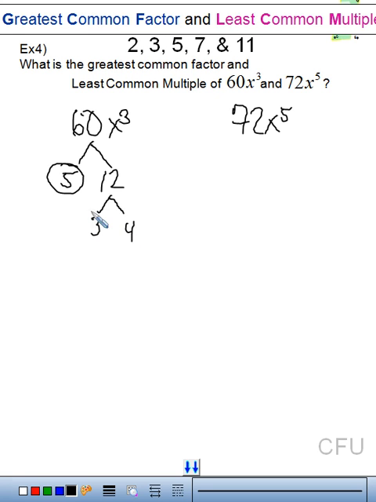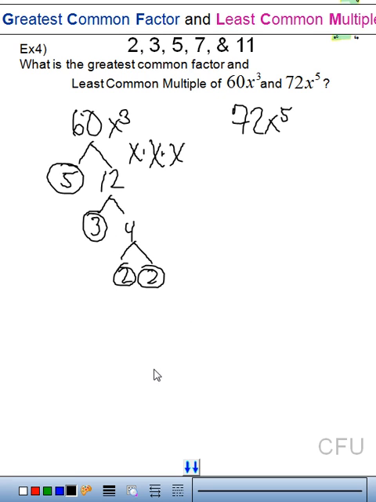I circle the 3 because I can't do anything else with it. And the 4 becomes 2 times 2. So, check this out. All of these are broken down into prime factors. I'm going to do the same with this one. How can I write x cubed in factored form? X times x times x. Did everybody see what I did?